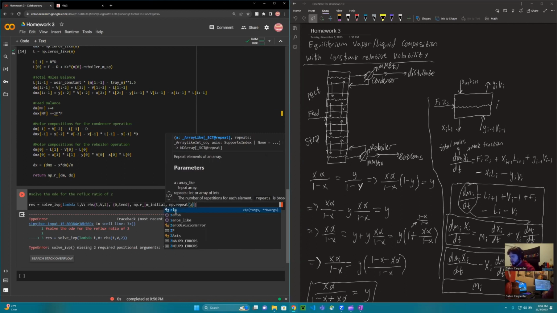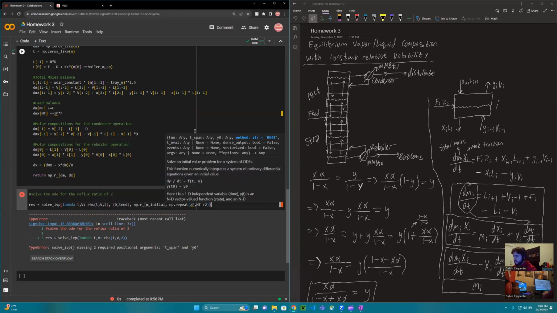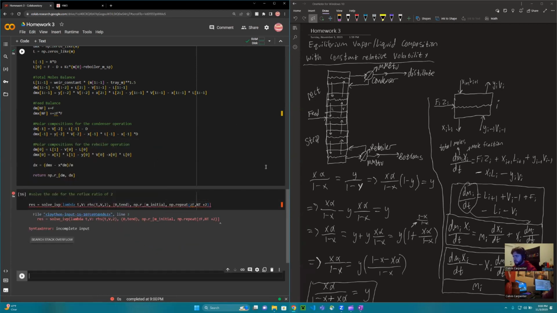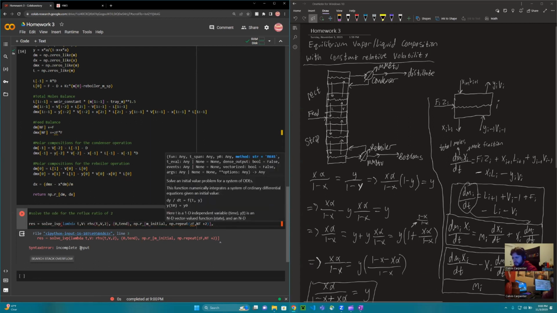In parentheses, Z, set ZF, comma, NT. I think my NT is capitalized, plus 2, close parenthesis, close brackets. Let me make sure that works. Okay, comma. Method.